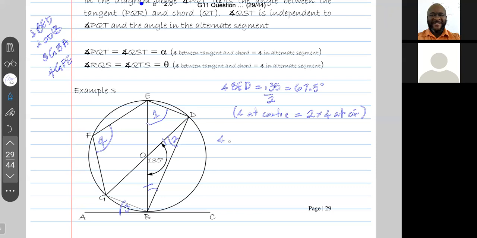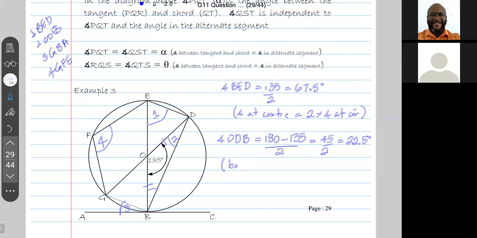So angle ODB would be equal to 180 minus 135, divided by 2. This is 45 over 2, which is 22.5 degrees.